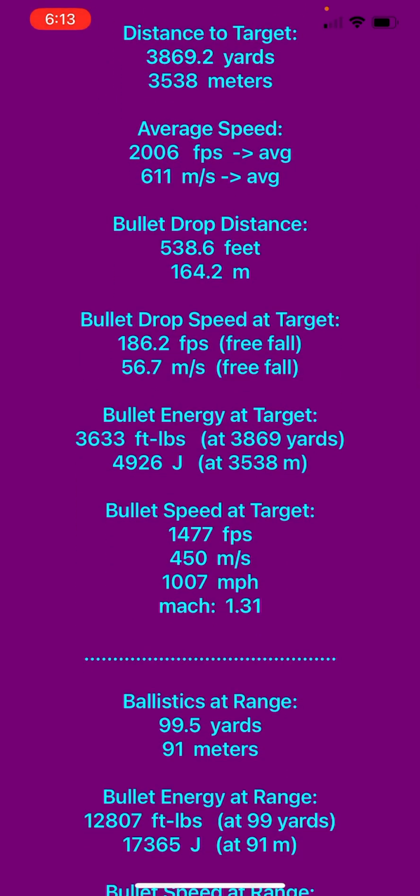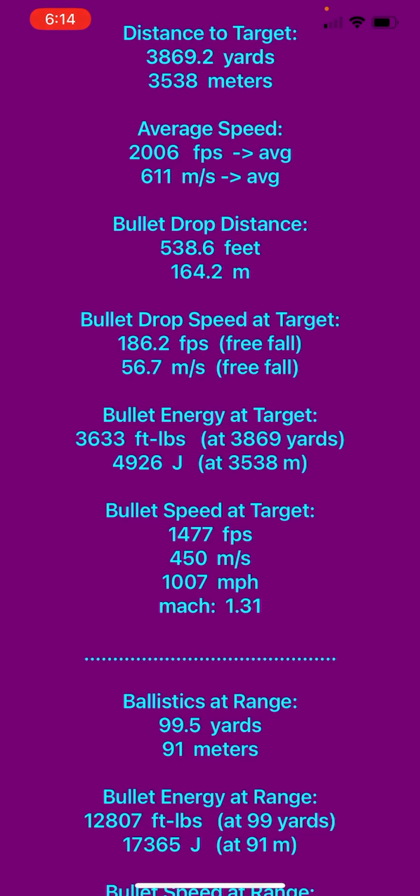We have the same thing when we get to the target. Because the bullet is traveling slower, the amount of energy has decreased. We've lost energy to all that air that the bullet passed through. Just like if you stuck your hand out the window while you're driving down the freeway, you can feel the force of the air pushing on your hand, it's the same thing with the bullet. The bullet is pushing on that air all the way to the target, and so there's less energy.